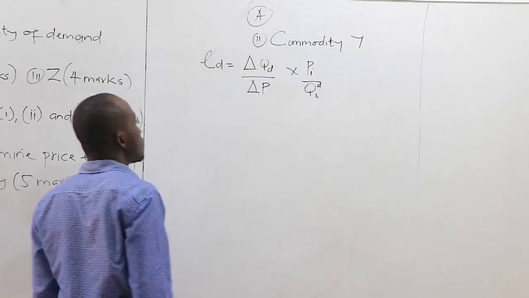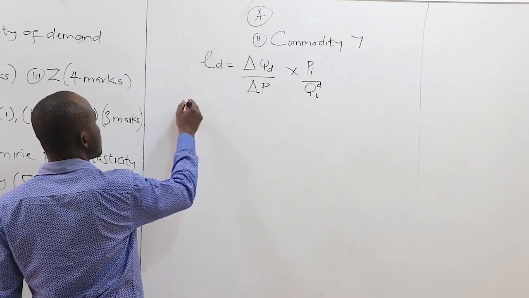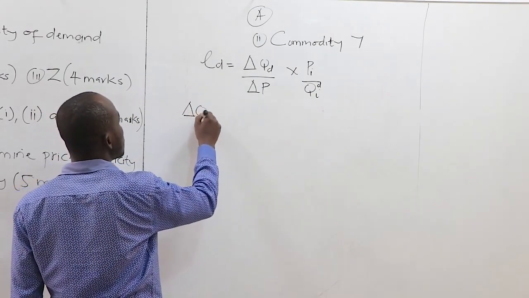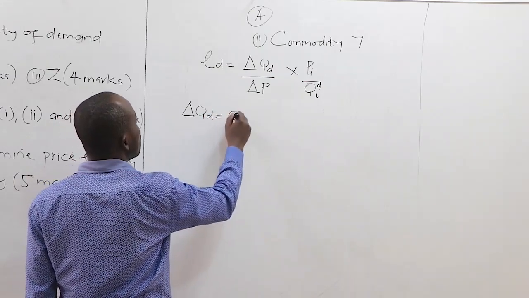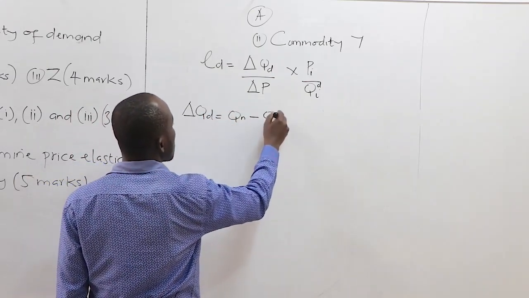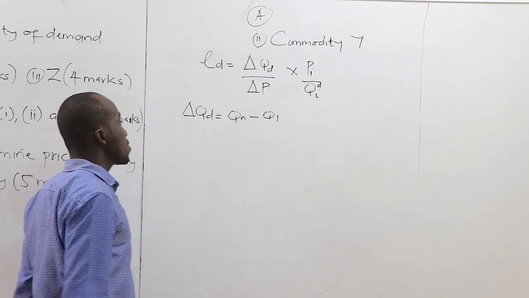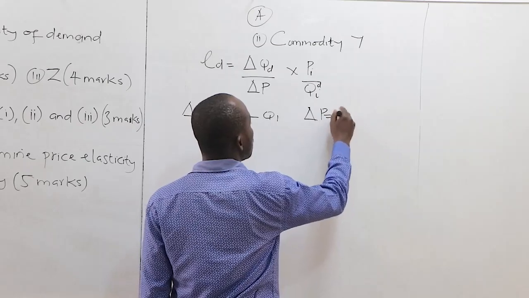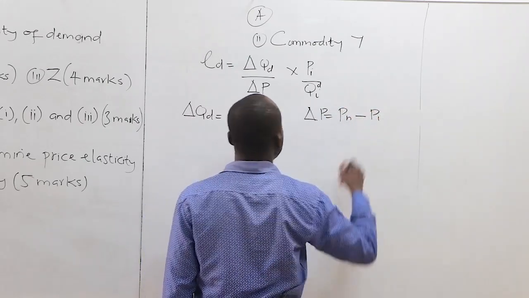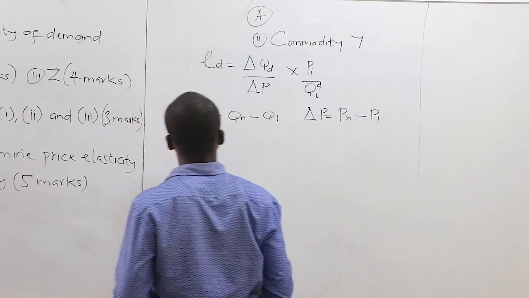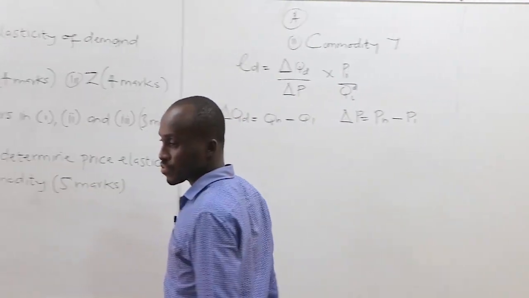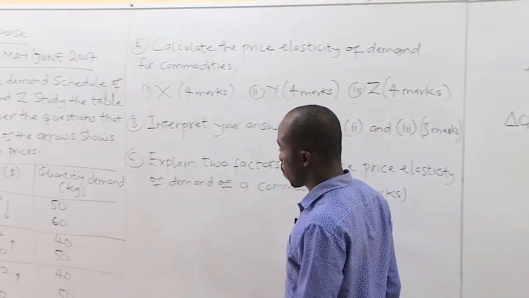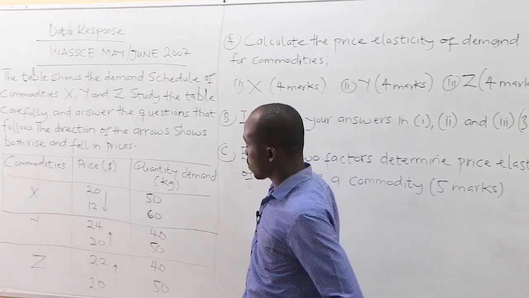So we know that change in quantity demanded is the new quantity minus the initial or old quantity. Change in price is equal to the new price minus the initial price. So let's go to the table. From the table, let's start from price.